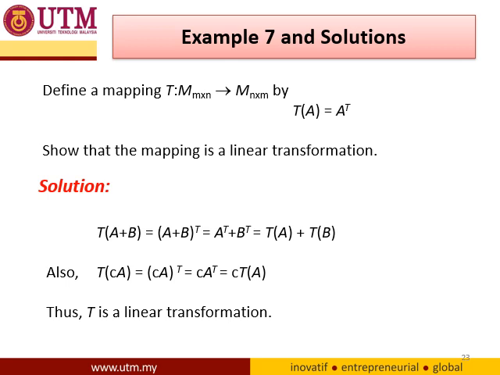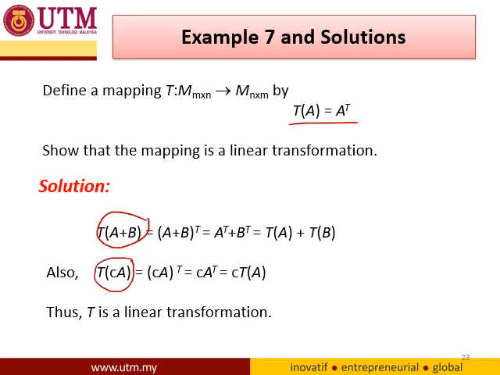Okay, now we look into example number 7. I think this is a straightforward example where they ask us to show whether this mapping is a linear transformation. So we use this plus, right, that we learned in example number 3, number 4, right?